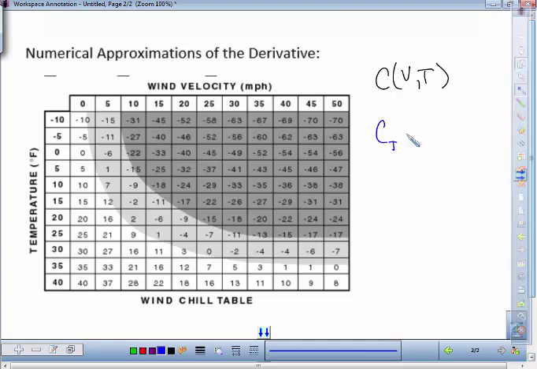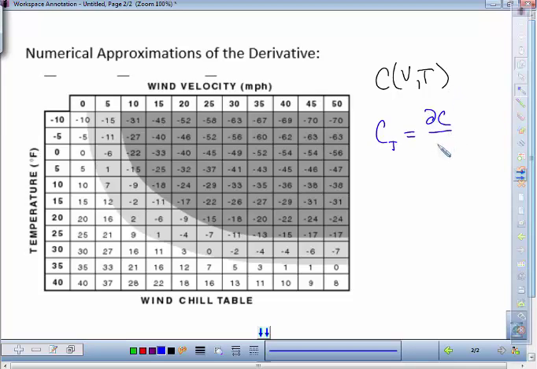What's the practical meaning of this? Matt? Partial derivative of the wind chill factor with respect to t. Okay, so I guess that's more mathematical. Let's put it in context of wind chill, temperature, and velocity. Joe? The rate at which the... Okay, that's closer.